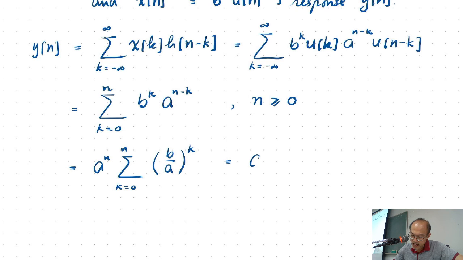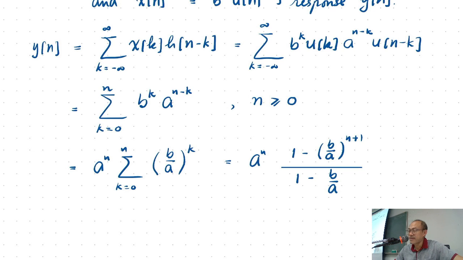So I'm gonna have a to the n times 1 minus b over a to the n plus 1, over 1 minus b over a, right? And the rest is just algebra. Okay, so I'm gonna leave it here.